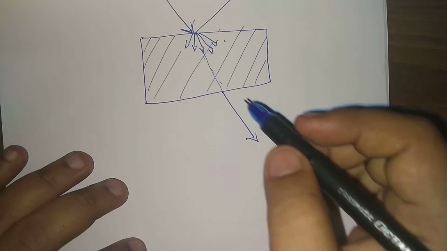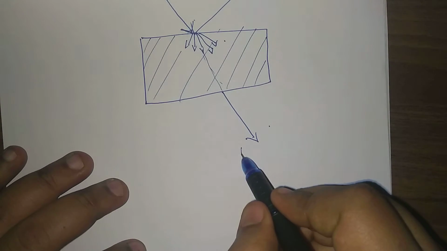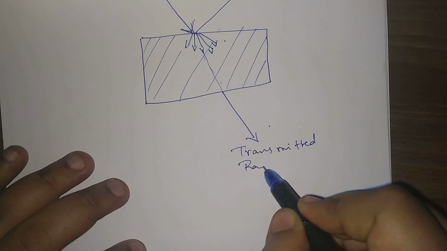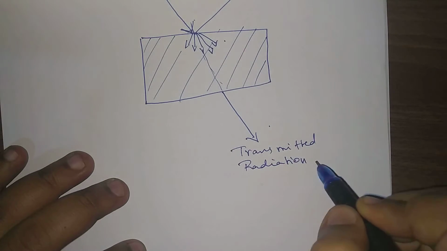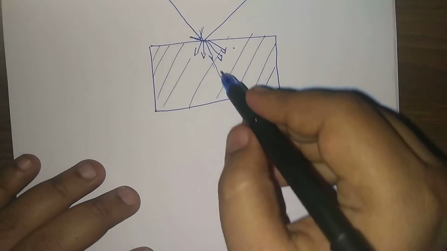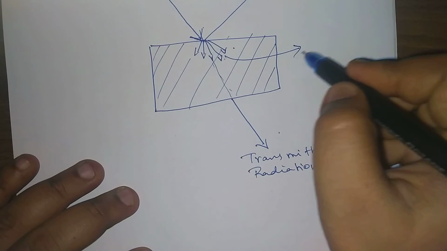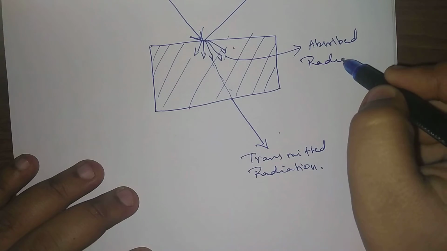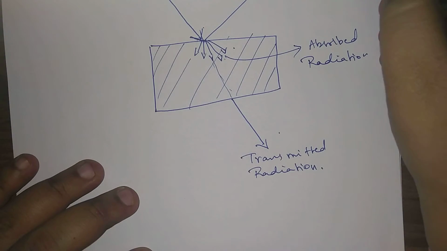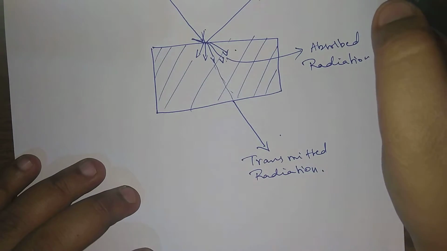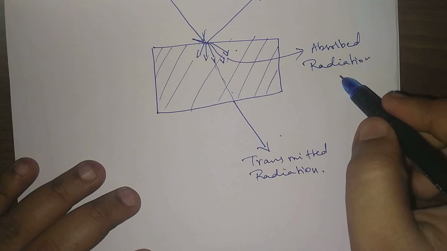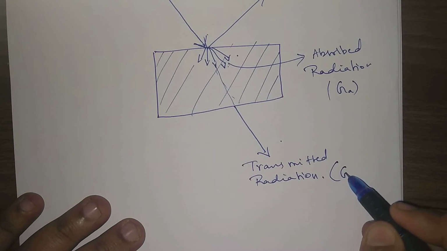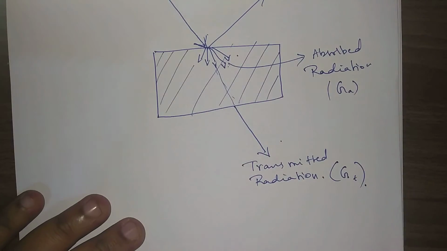This is called reflected radiation, this is transmitted radiation, and this is absorbed radiation. Let us name them GR for reflected, GA for absorbed, and GT for transmitted.